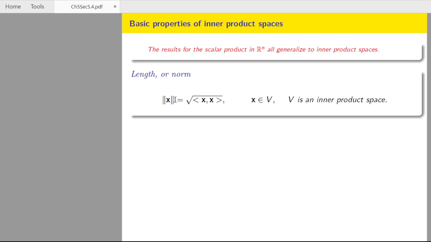We call this square root of the inner product of x with itself the norm of vector x. Of course, the norm here is a kind of term. It may not be like the norm in Rn, but here we call it the norm.